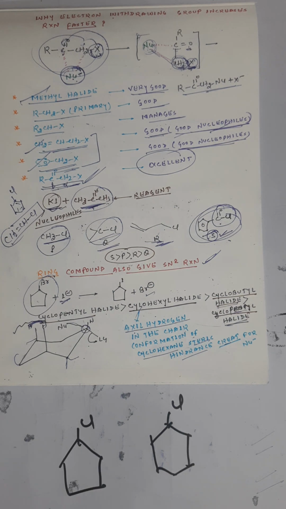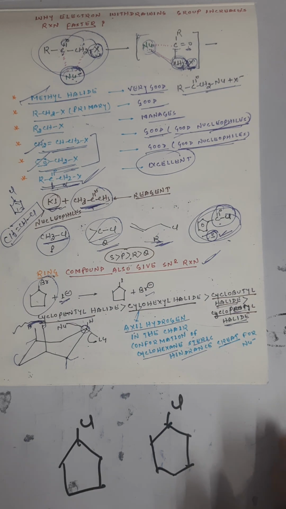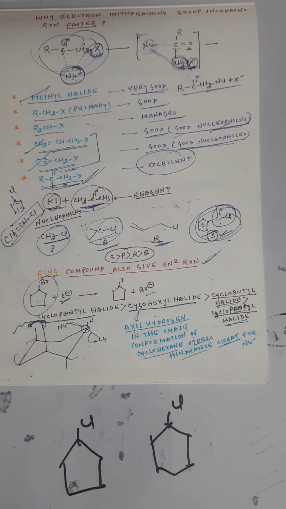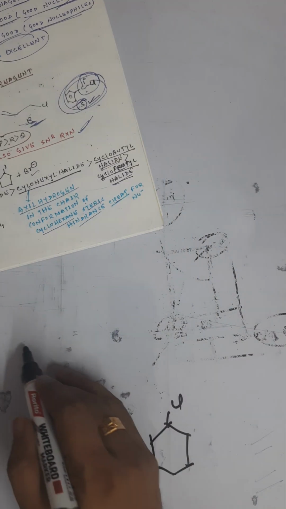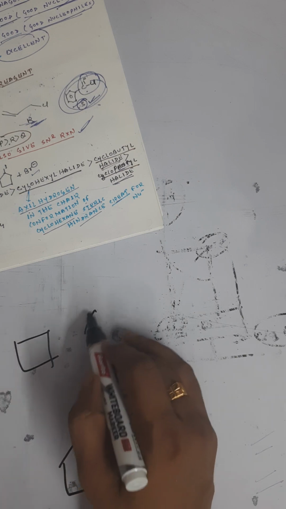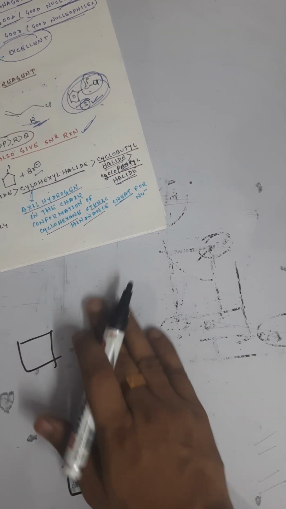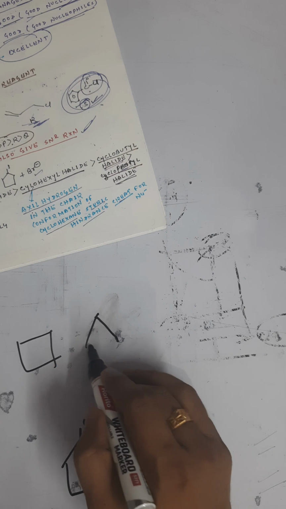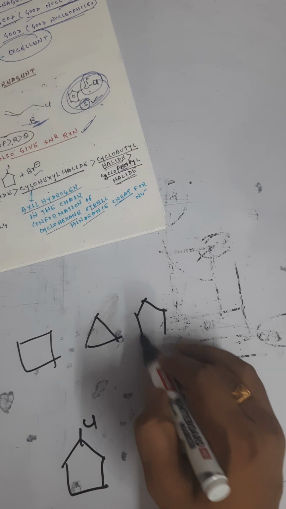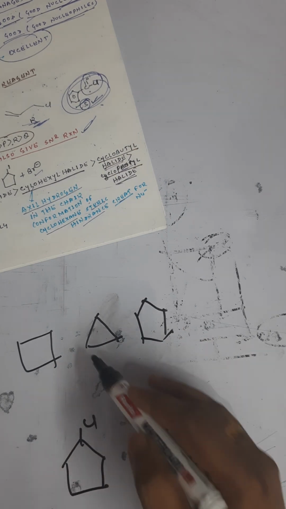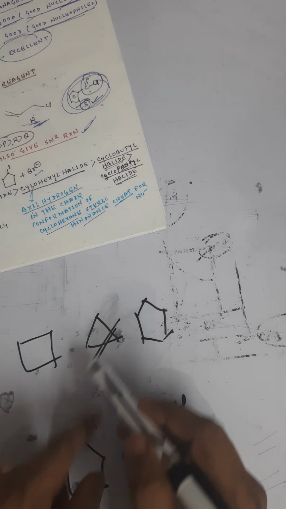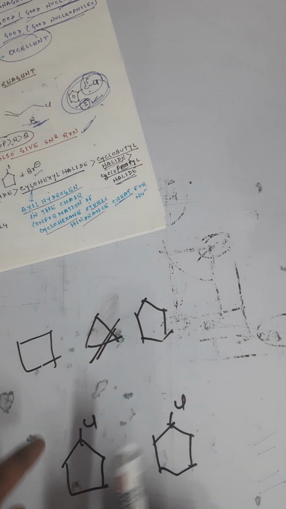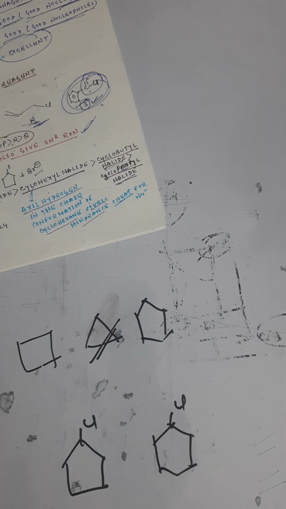Where will it occur faster? See students, actually you have done this when we go through the groups like that. Here is butane, here is propane, here is propane, and here is pentane. What happened? There is more crowding here because of angle strain, more crowding than this, then cyclopentane, and minimum crowding in cyclohexane. Clear?